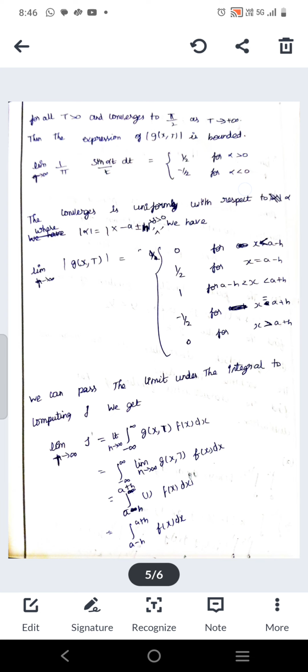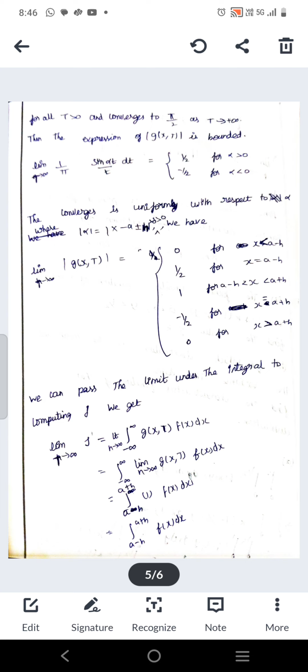When my alpha is less than 0, I get minus 1 by 2. We know that it converges uniformly with respect to alpha, and because it is a bounded value, it converges absolutely also, right?